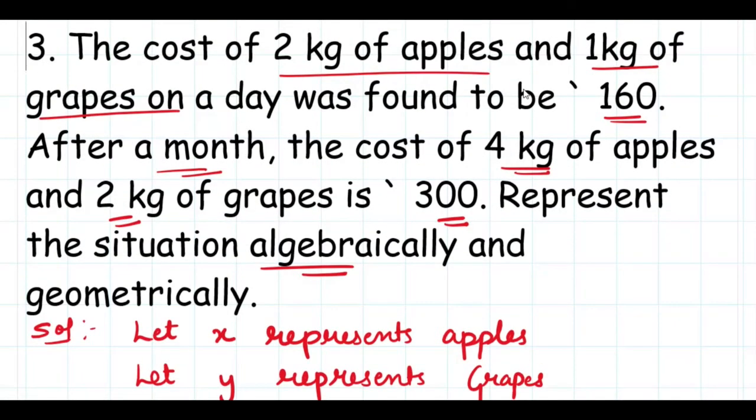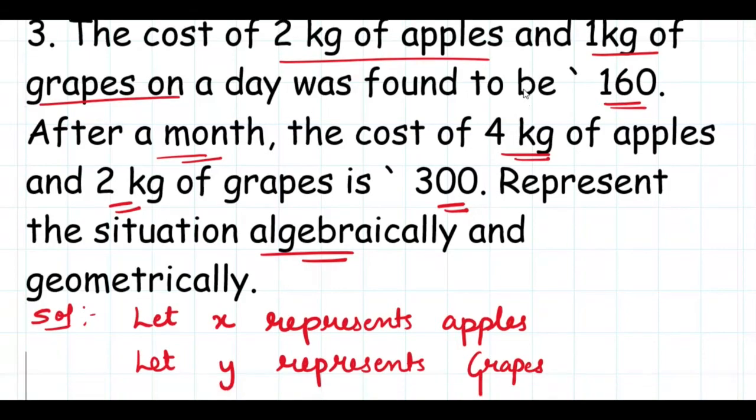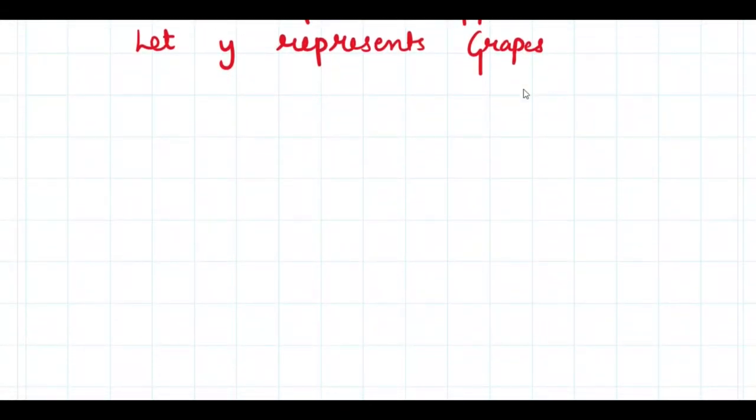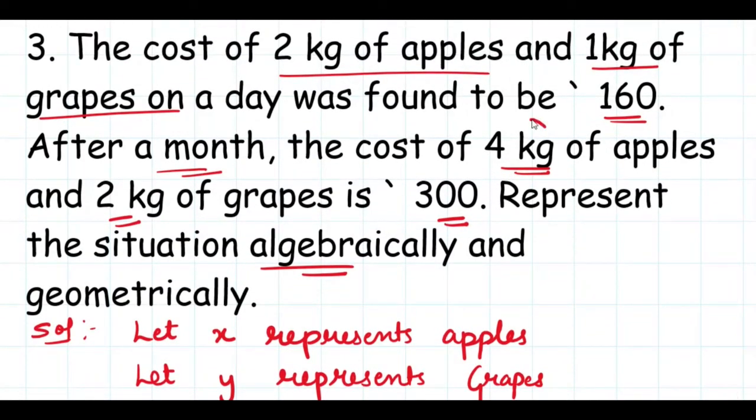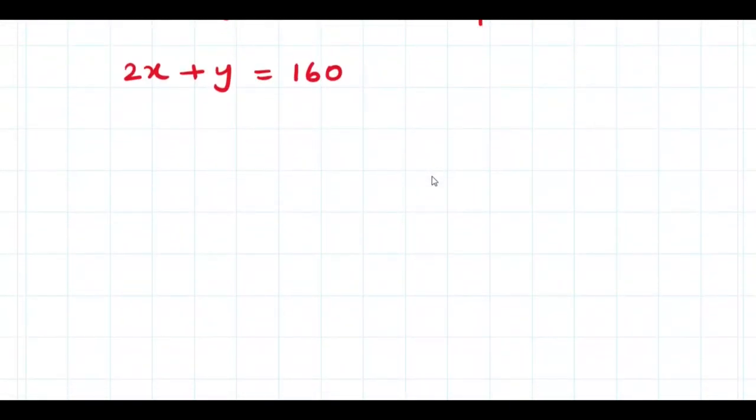The first portion of the statement reads that 2 kg of apples and 1 kg of grapes on a day was found to be 160 rupees. That is 2x plus y equals 160 rupees. And the second statement reads that 4 kg of apples and 2 kg of grapes cost 300 rupees.